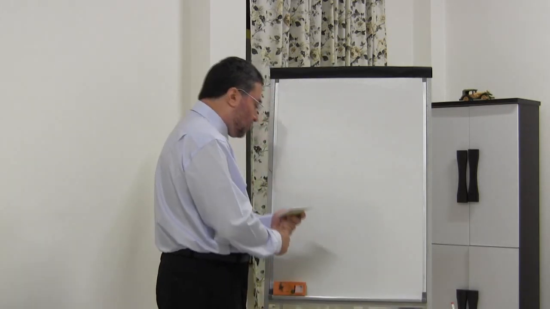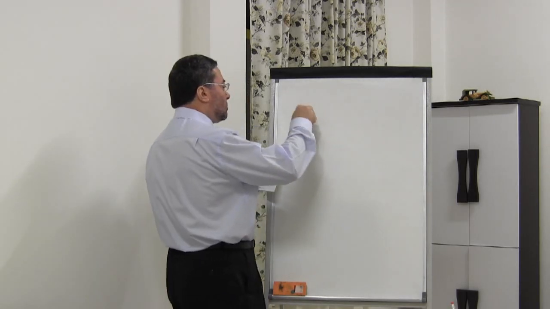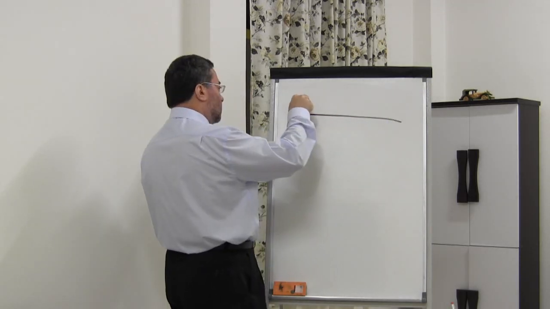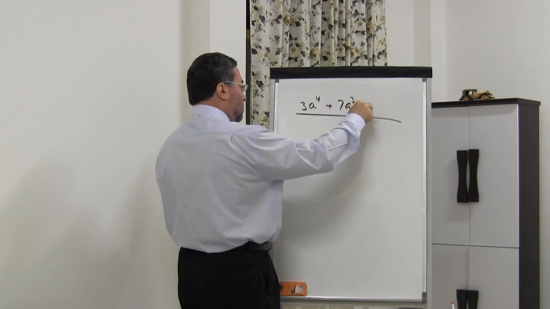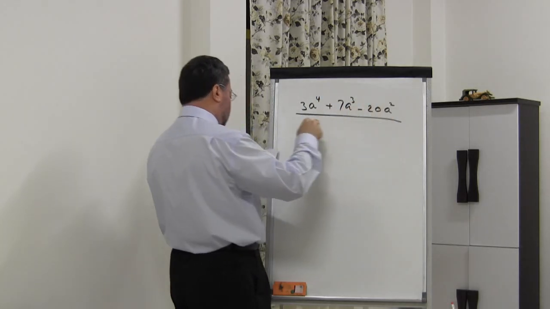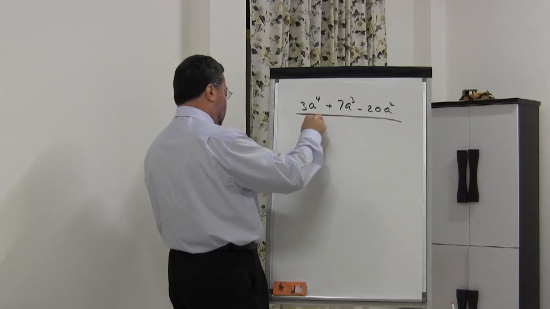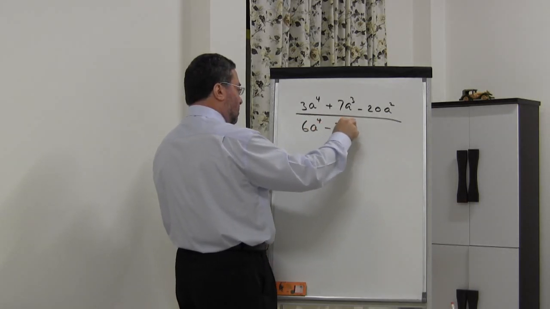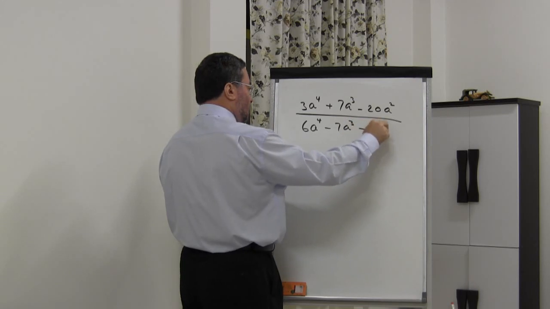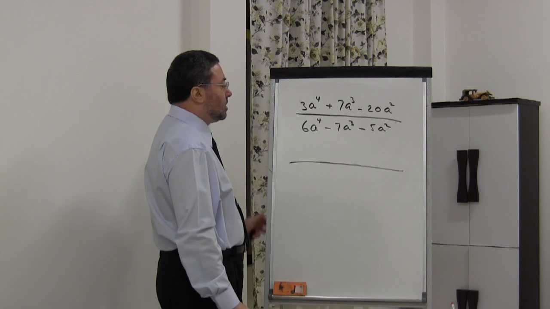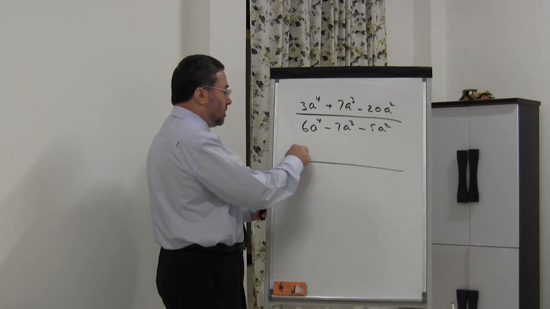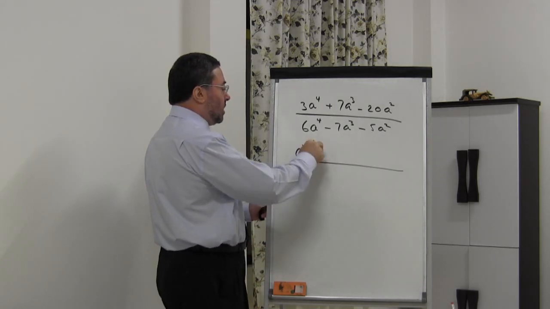We start with number 30, simplify if possible. We see that we have a common factor in the numerator, which is a squared, so we take it out and then we factor.